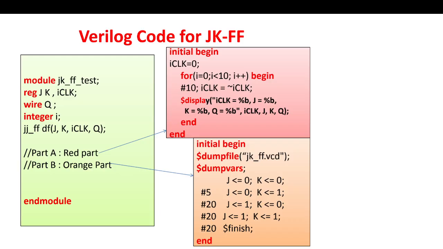Next, we are instantiating this module with the module name. So first we want to generate the clock. Next, this is for the waveform, and we are giving all the 4 combinations that we can apply to the JK.